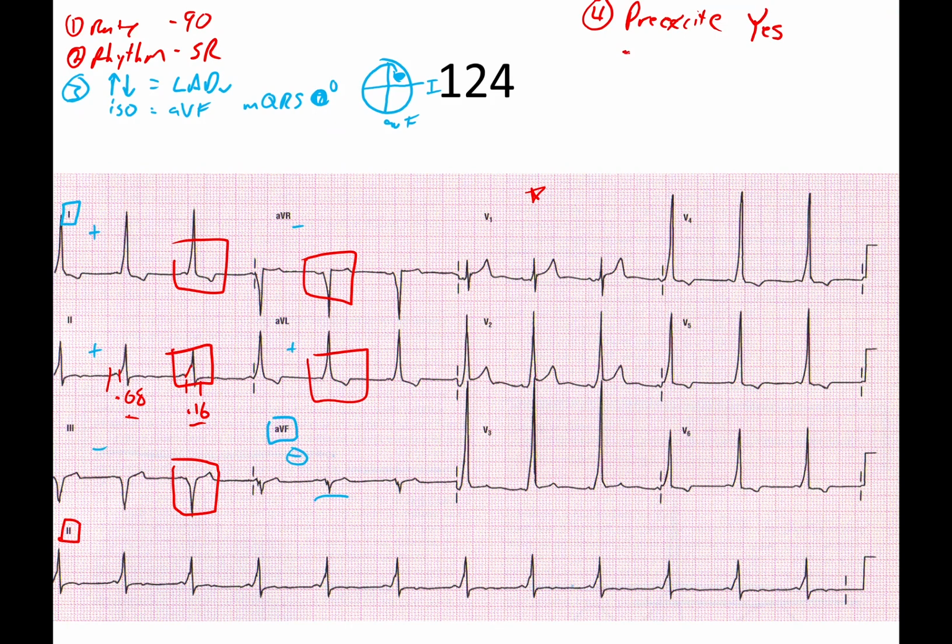And then I'm just going to make a side note and look for any kind of ST changes or T wave changes. And what we see is that we have an inverted T wave here. We have inverted T wave here. And these actually have some ST elevation in them.